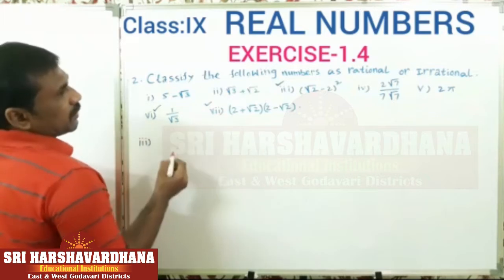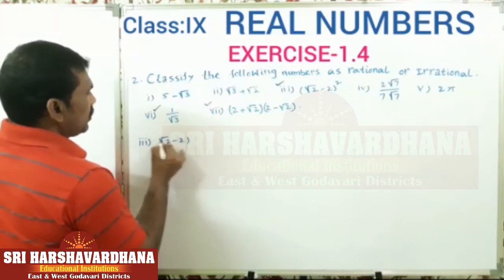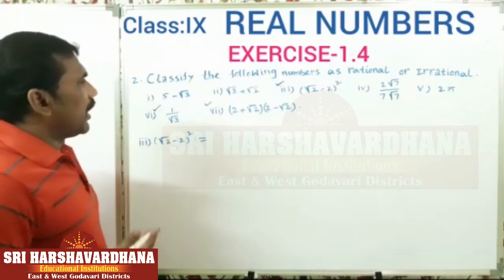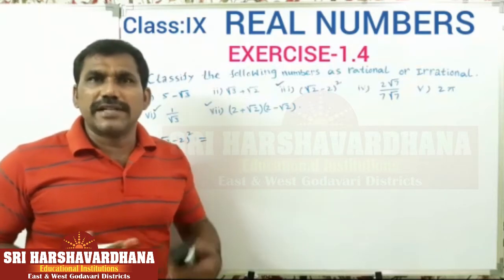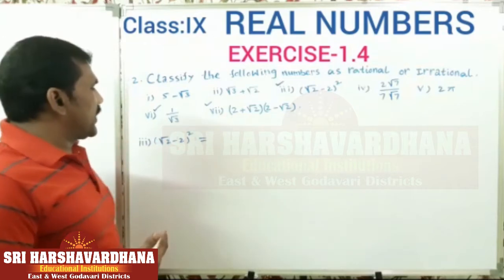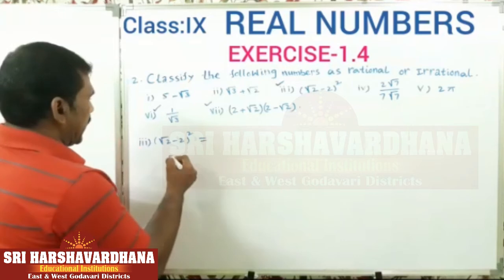See here, what is the given expression? Root 2 minus 2 whole square. Children, already you have learnt in previous classes about algebraic identities. Observe this expression. This is in the form of a minus b whole square.